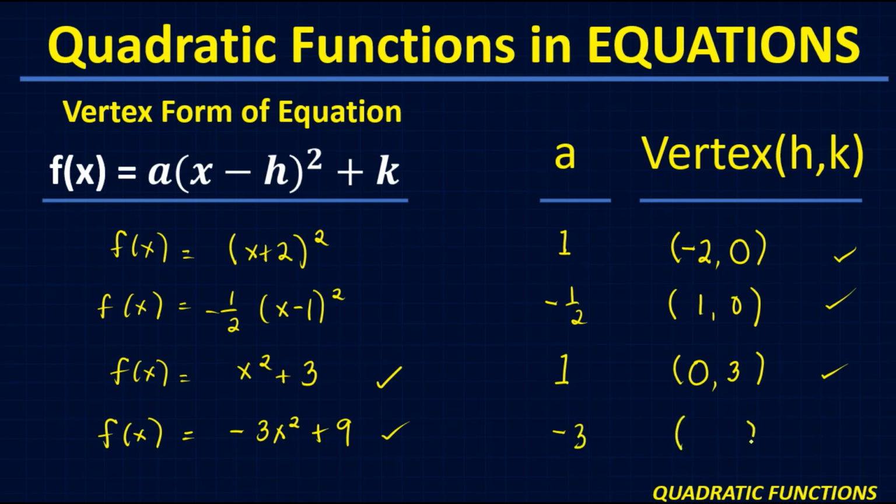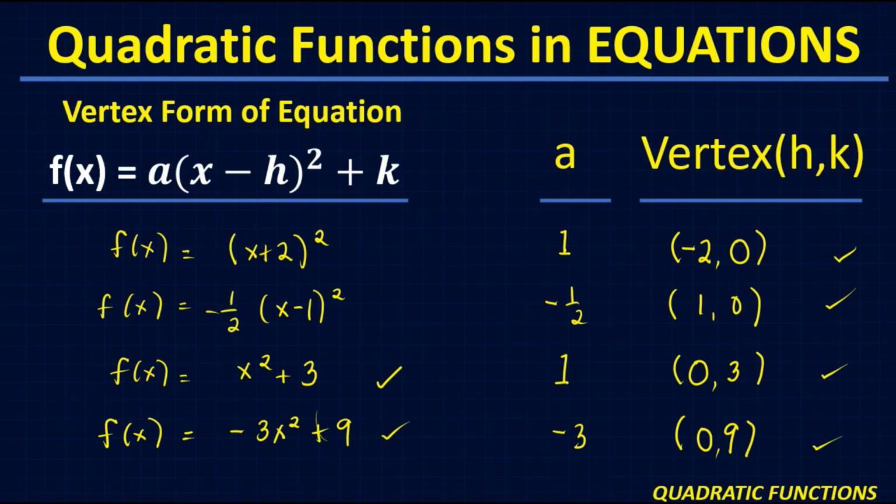And for the vertex, since we see no open and close parenthesis in this equation, h is 0. And then for k, it stays as is, so 9. If the 9 there is minus, then k becomes negative 9.